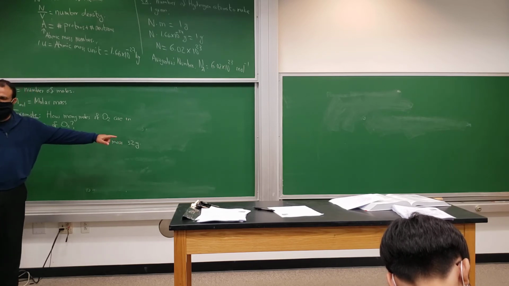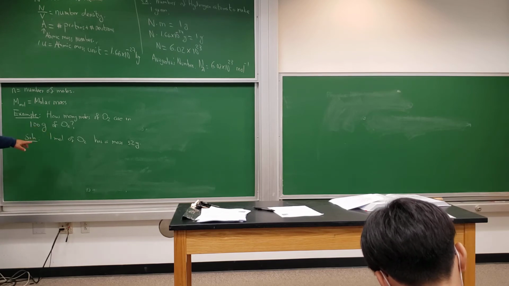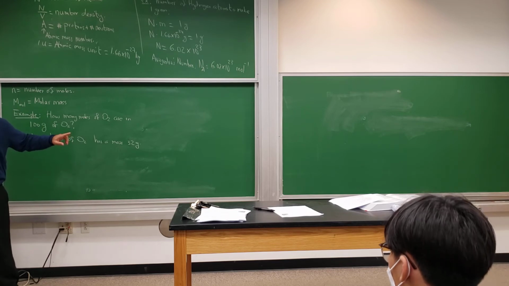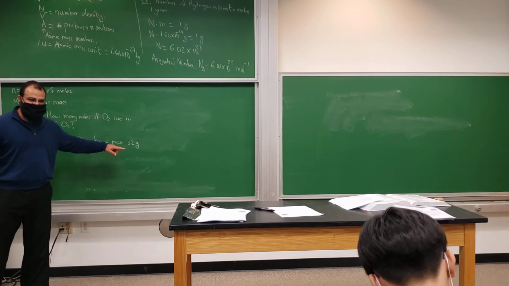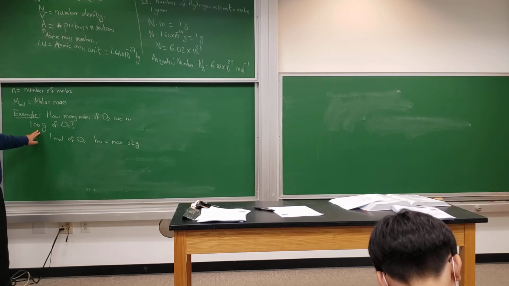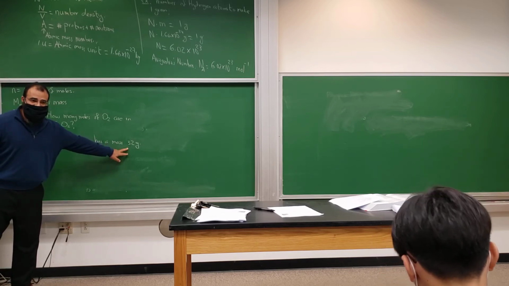3 moles of O2 will give me how many grams? 96. Right? 1 mole gives me 32 grams, 2 moles give me 64, 3 moles give me 96. So it's about 3 moles to give me 100 grams. So what should I do to get the exact number? Divide by 32. Yeah, 100 over 32.